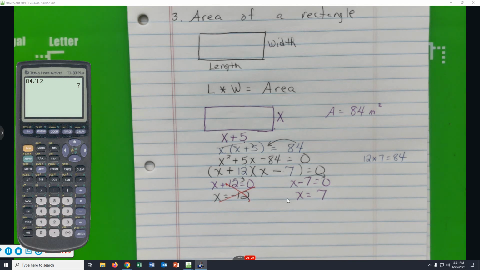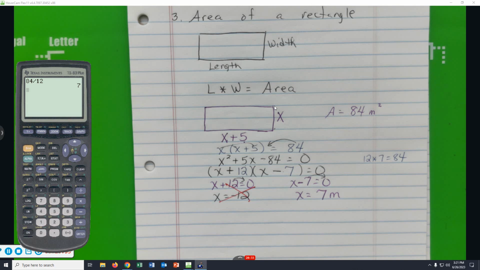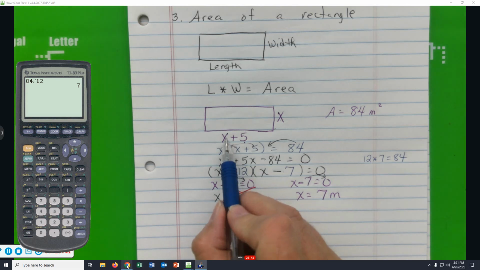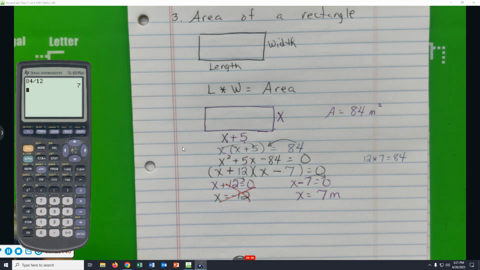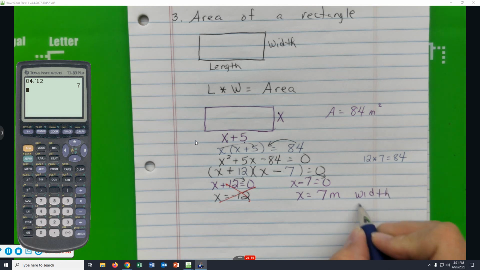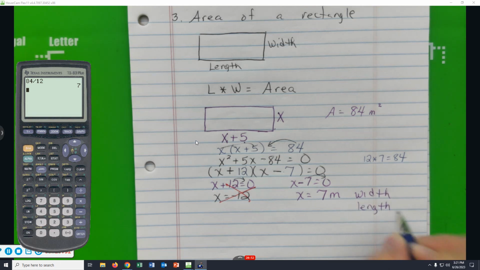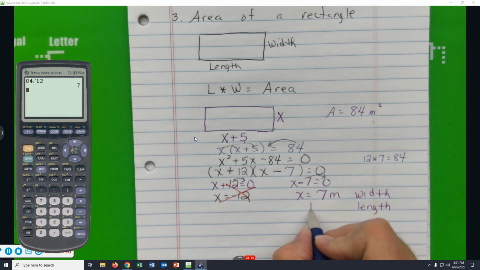And remember the units are meters in this case. And so the width of the workbench is 7 meters. What's the length going to be? Well, if we put a 7 in here for x, so this is the width, and the length is 5 meters more, x plus 5, so 12 meters.